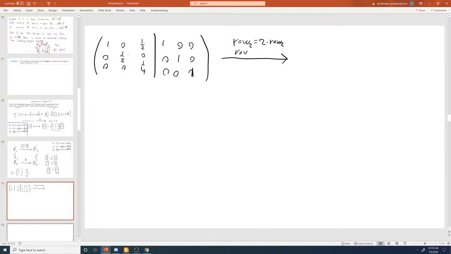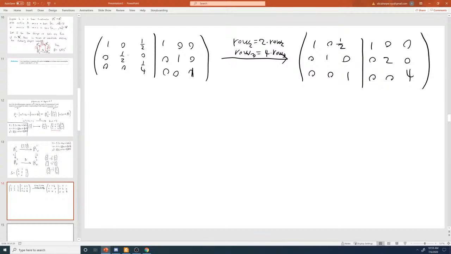Row 3 is going to be equal to 4 times row 3. If I do that, I'm going to get 1, 0, 1/2, 0, 1, 0, 0, 0, 1, 0, 0, 4, 0, 2, 0, 1, 0, 0.